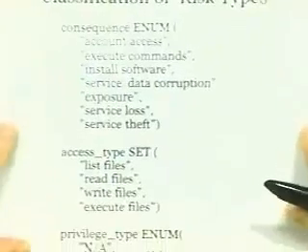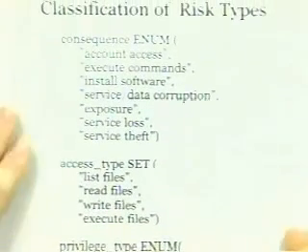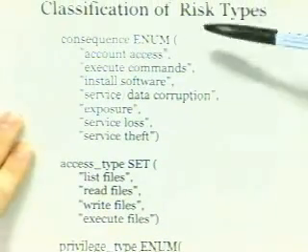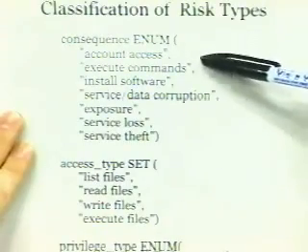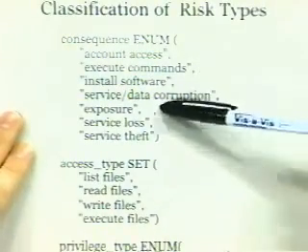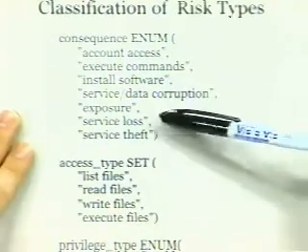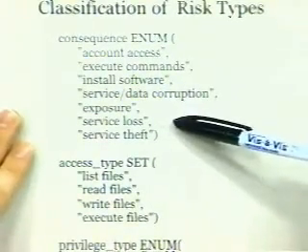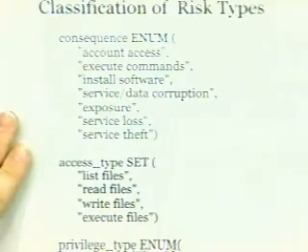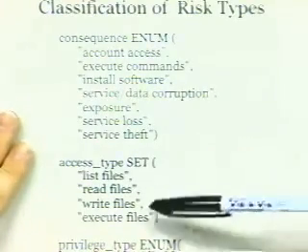So this is the rest of the classification of risk types. There's a consequence. For example, exposure, that is, you're leaking information to an enemy, or service loss, that would be a denial of service, or service theft.